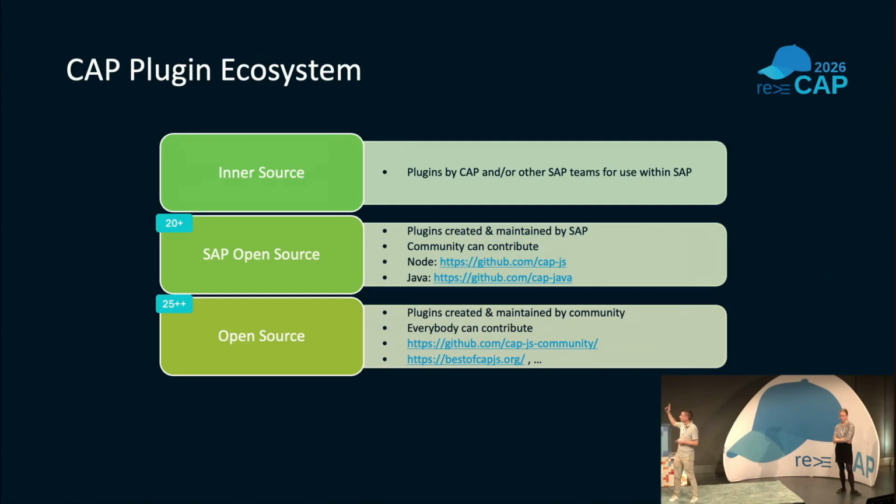So that's basically the second tier you can see here, SAP open source, so that the community can contribute, create issues, can discuss about the plugins, and so on. But not only we as SAP can develop such plugins, but basically everybody, you, the community, partners, customers, can create plugins and then use it in their applications.